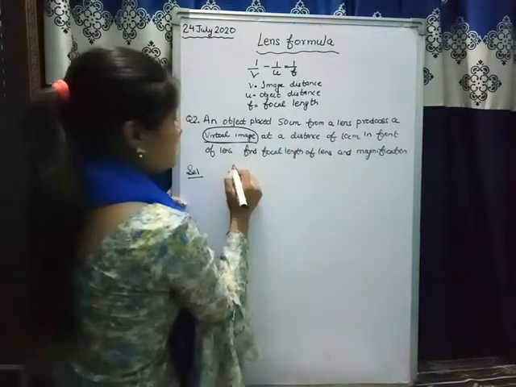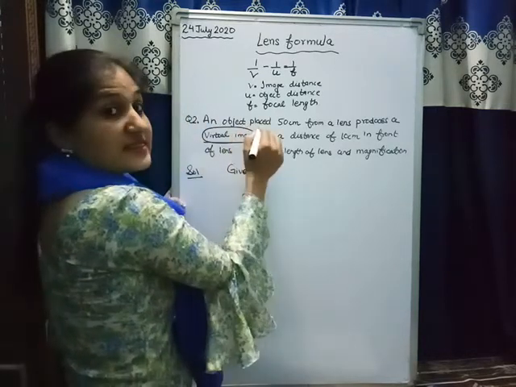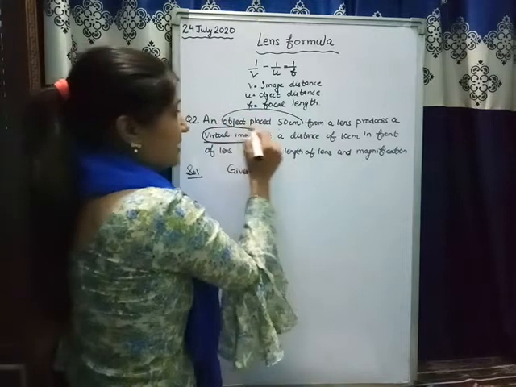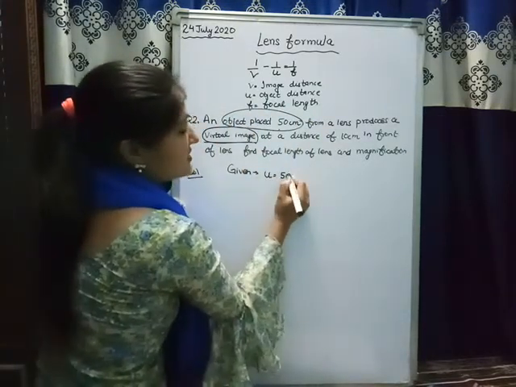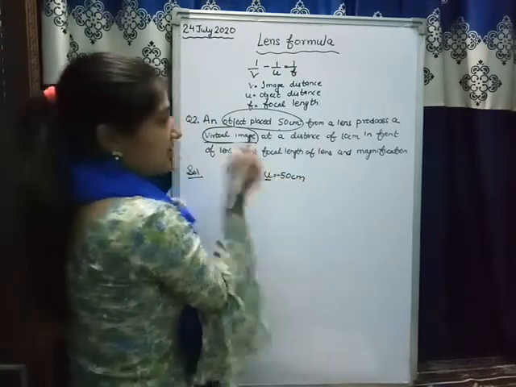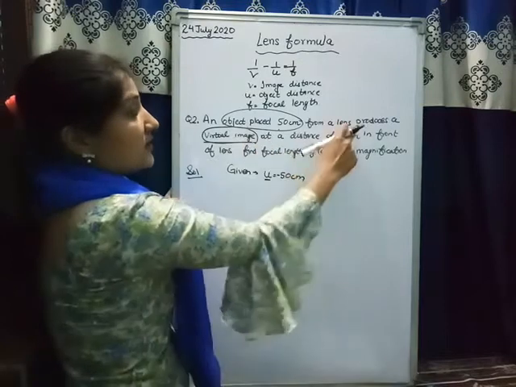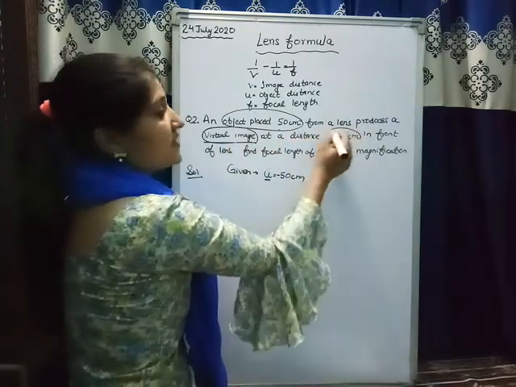Now what is given to us? Object placed at 50 centimeter. That means object distance U is 50 centimeter. U is always negative. Now the lens produces a virtual image at a distance of 10 centimeter.